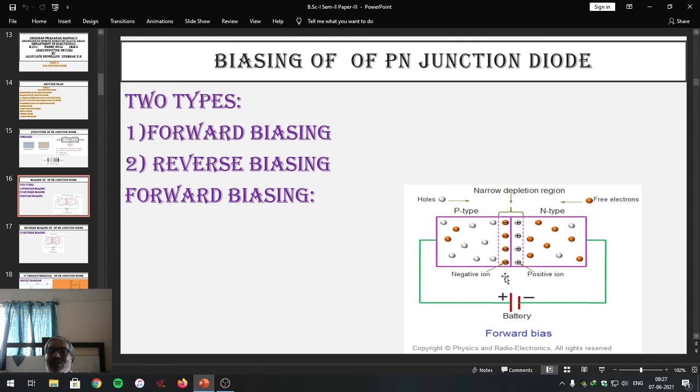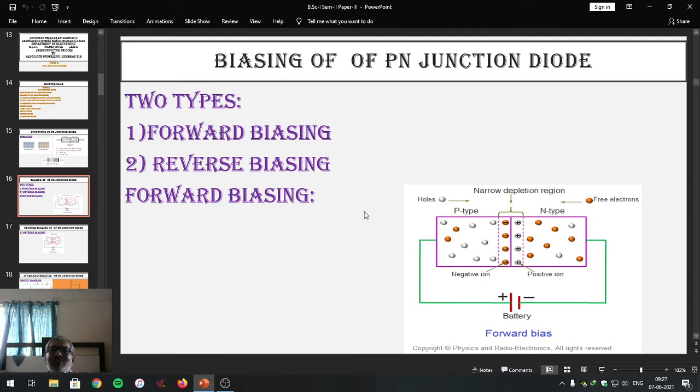It allows current to flow through the PN junction diode, and thus conduction takes place when the diode is forward biased. Dear students, this is the forward biasing mechanism of the PN junction diode.